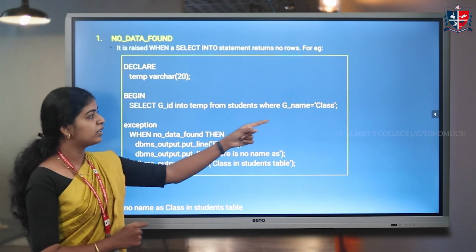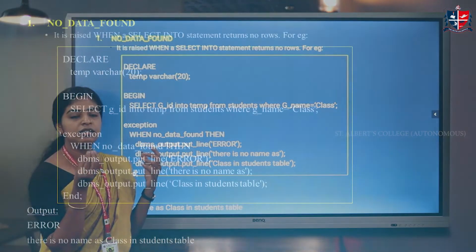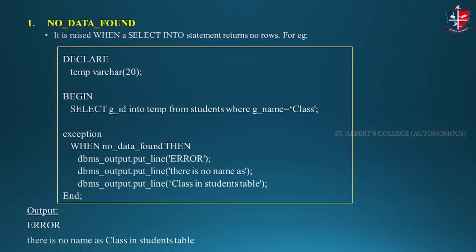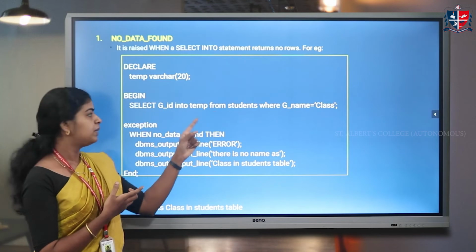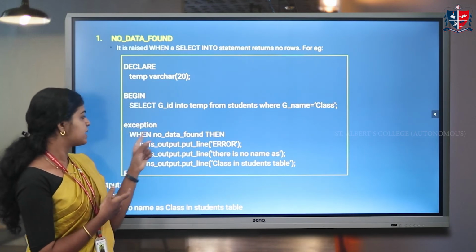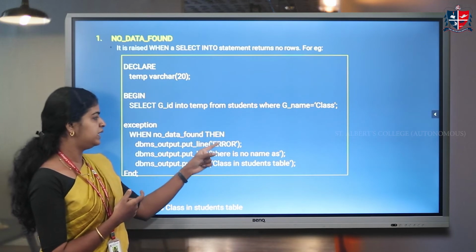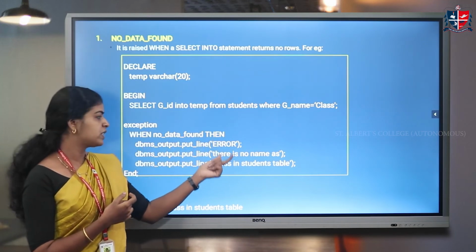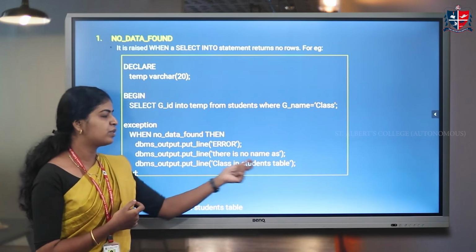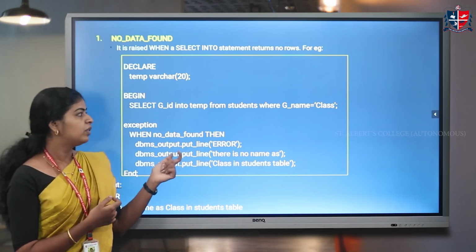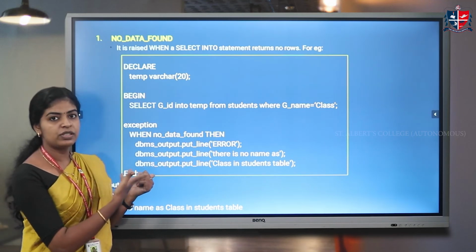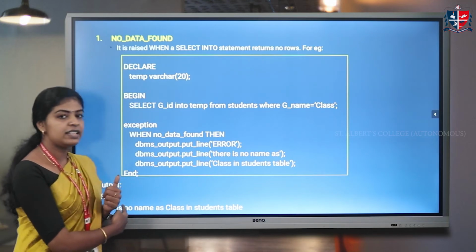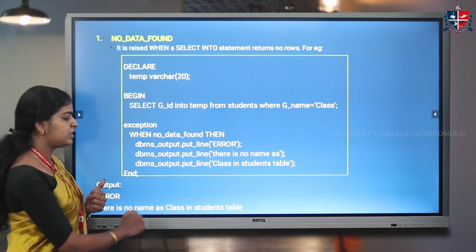I also gave an exception case: when no_data_found, then DBMS output prints: error, there is no name as class in students table. When I execute this program, I get this output: error, there is no name as class in student table.